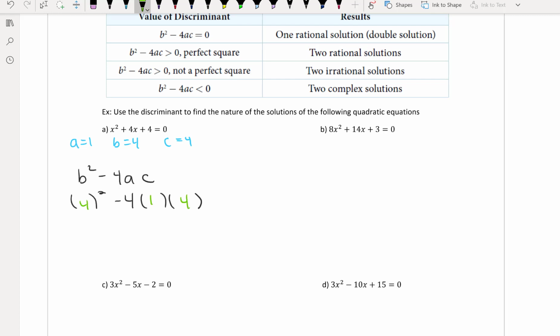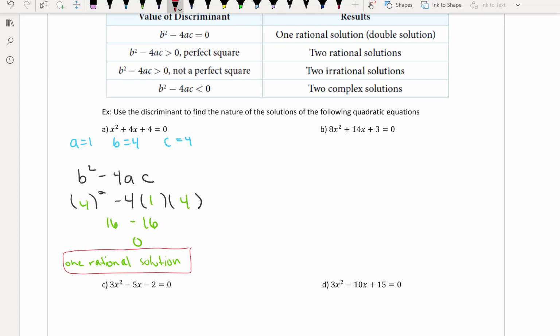So here I would get 16 minus 16, which is 0. So if it's exactly equal to 0, then it tells me that I have one rational solution. And so that is going to be my final answer.